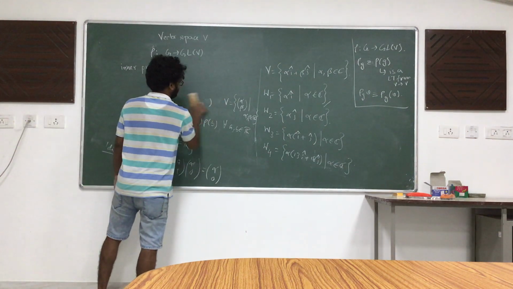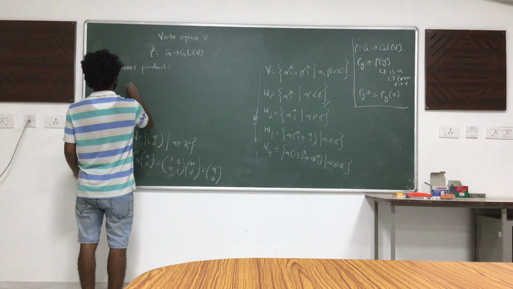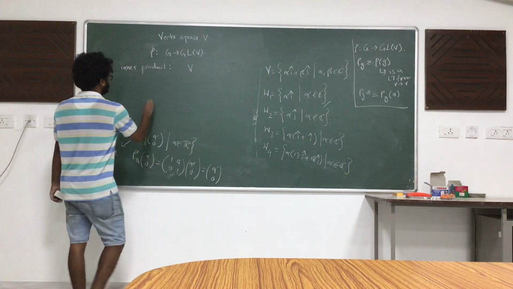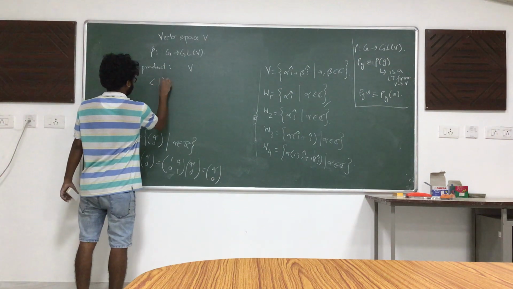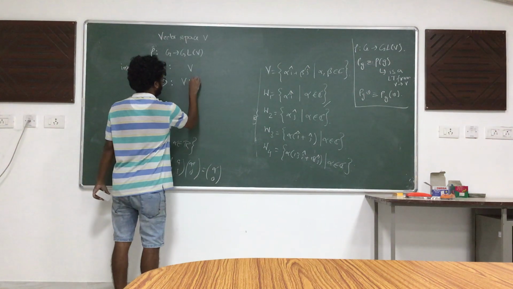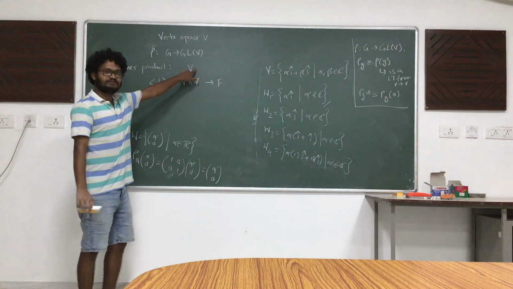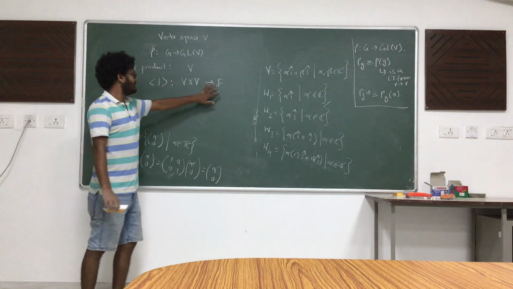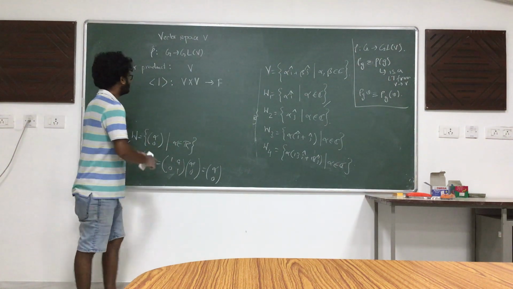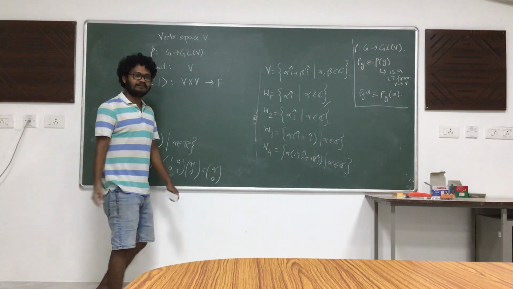So given a vector space V, we have a map, let us say, from V cross V to its field F. A vector space is always defined over a field F. That means the map takes two vectors from V and returns a number.